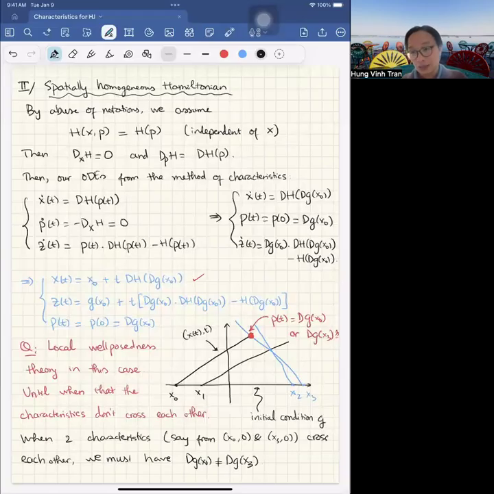Of course, in this lecture, we are not going that far. We will only show that there is some small time period in which the characteristics don't yet run into each other. And for that, we would have a wellposedness theory. We will leave the other part for a more advanced course.